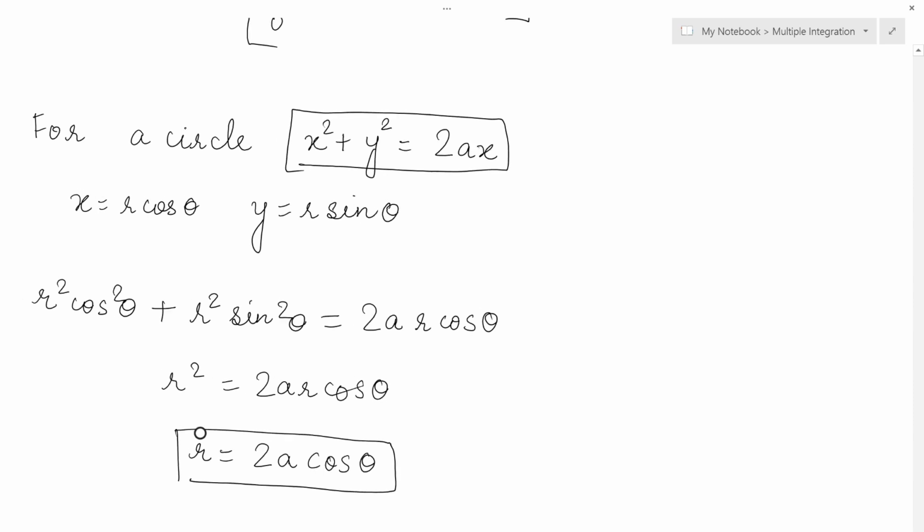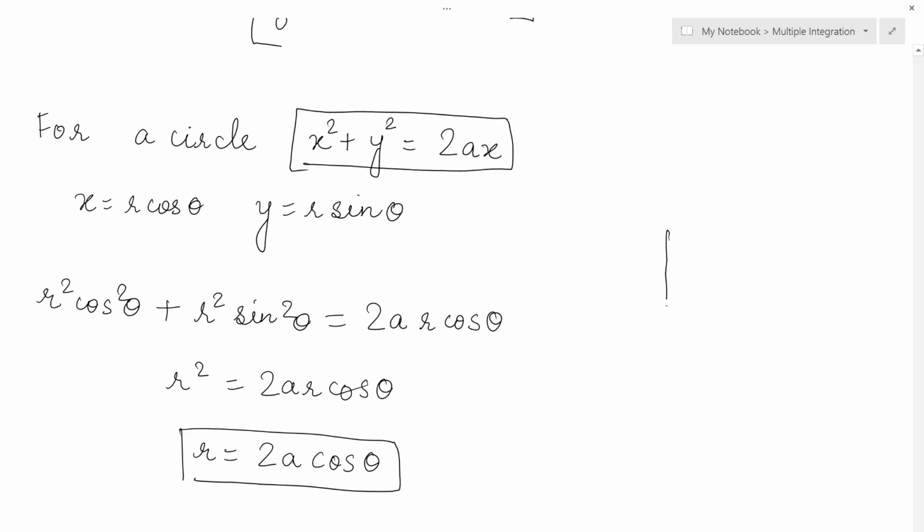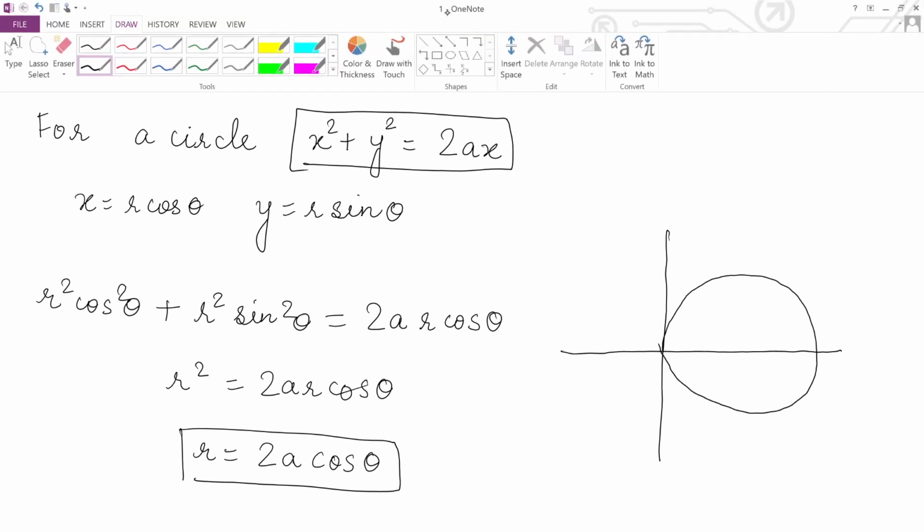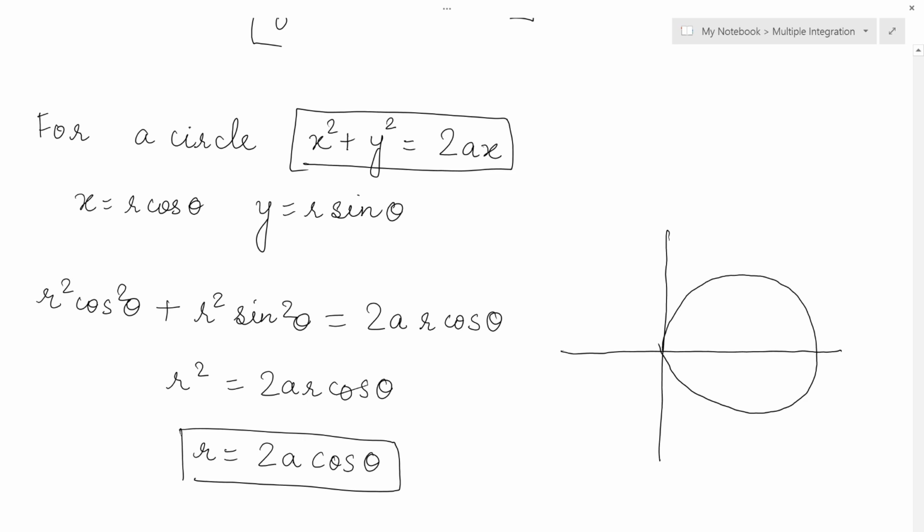How to draw this curve? We have seen in the standard curves, it is a circle with the center a comma 0 and radius a. Right? So this is this circle. Now the radial strip you will take, the radial strip is this way, right?